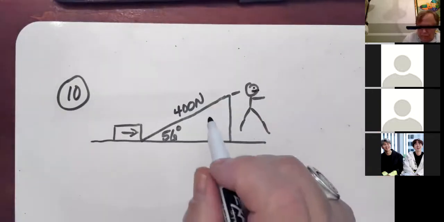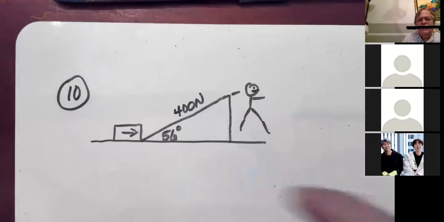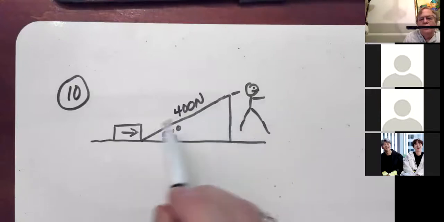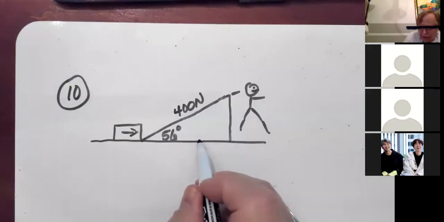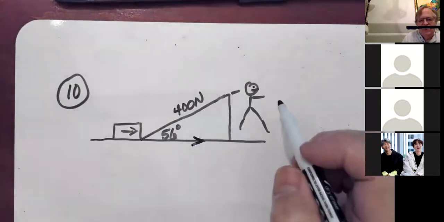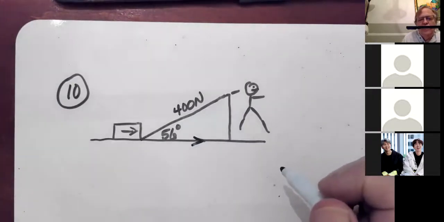Well, it's based on the idea that the force you're pulling along the rope is not what's actually pulling the crate. What's pulling the crate is one of the components of this force, which is that one right there.